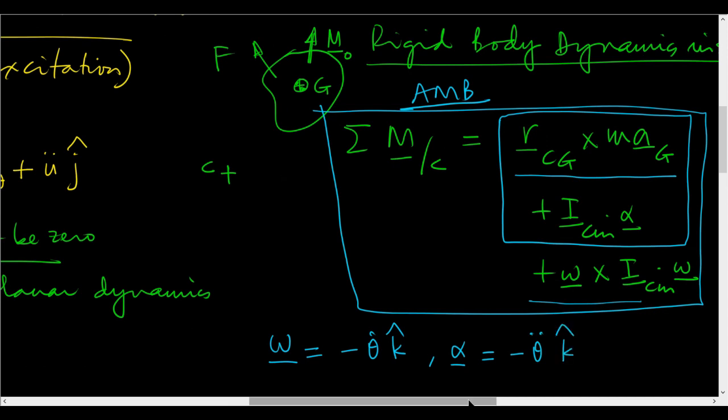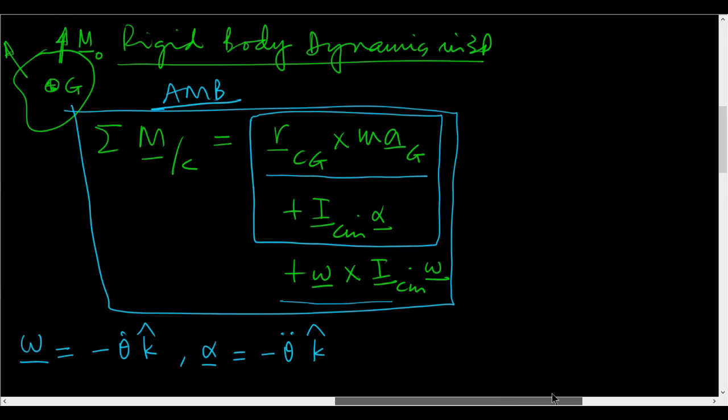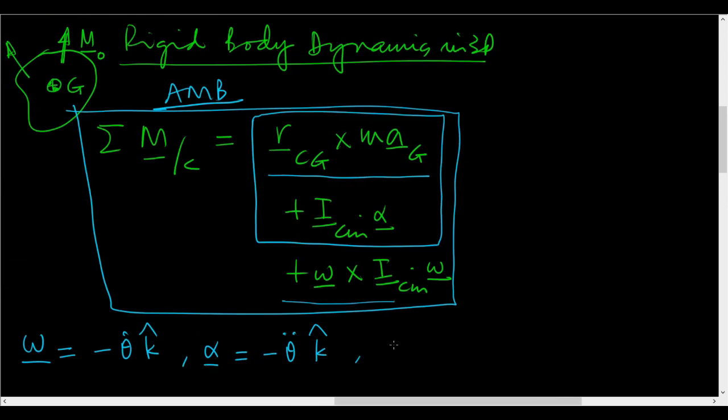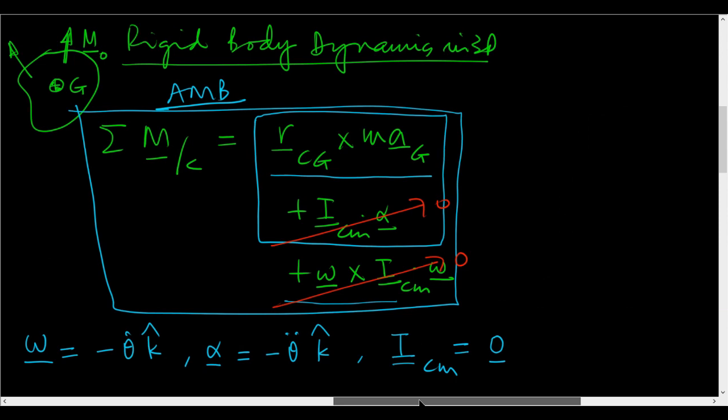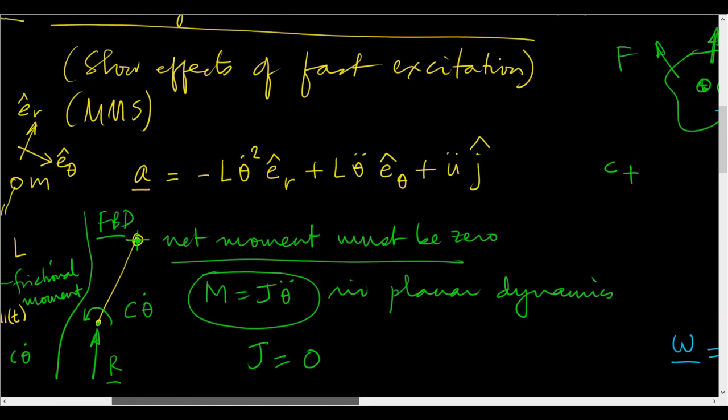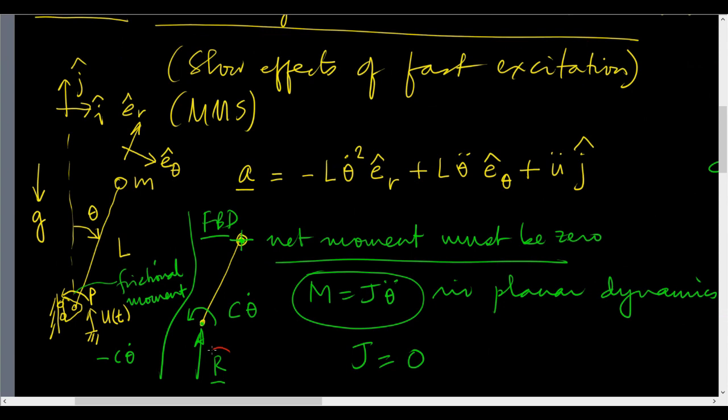We will write, let's see, I_CM is equal to 0, because it's just a point mass. So in fact, in our case, this is also 0 and this is also 0, you see. And so our equation becomes like this. Let us take from this free body diagram, the moment from this about C is also 0.